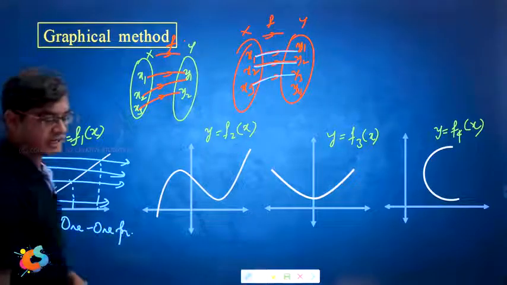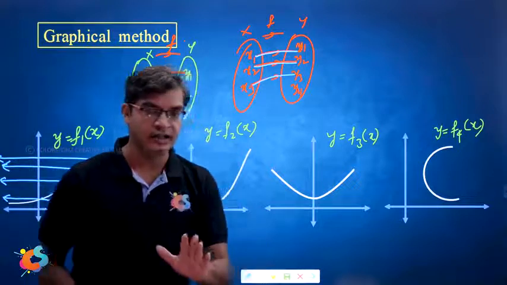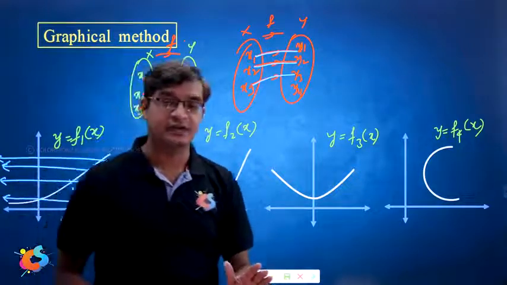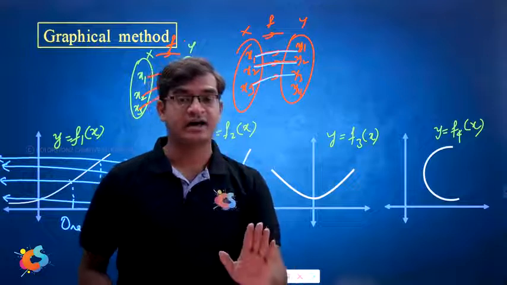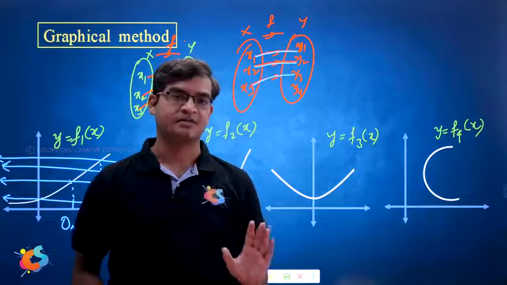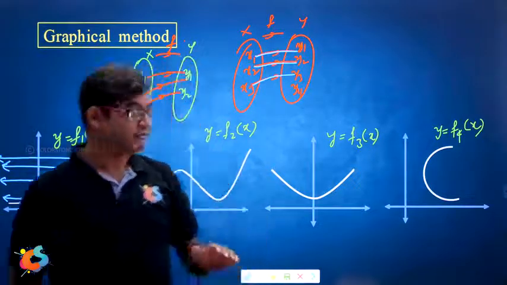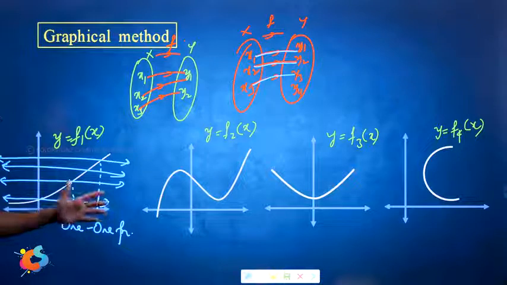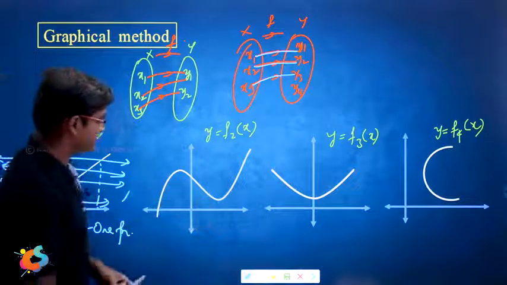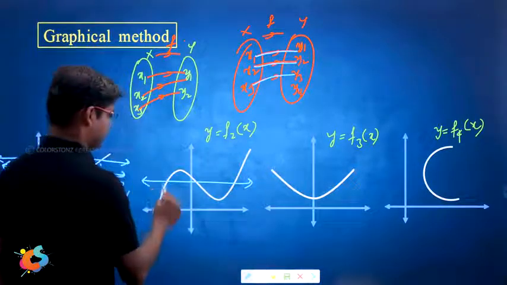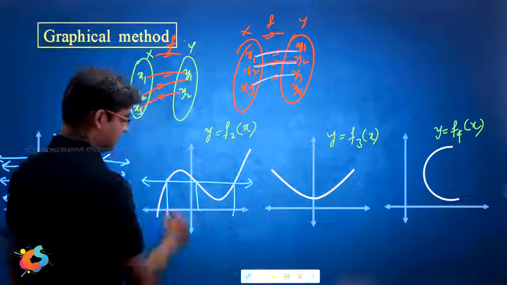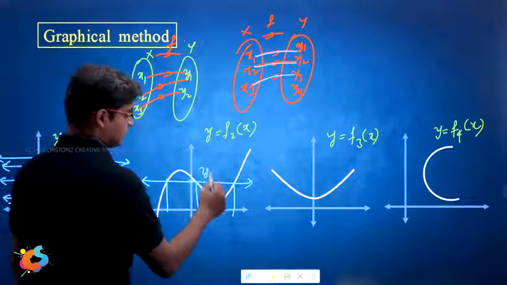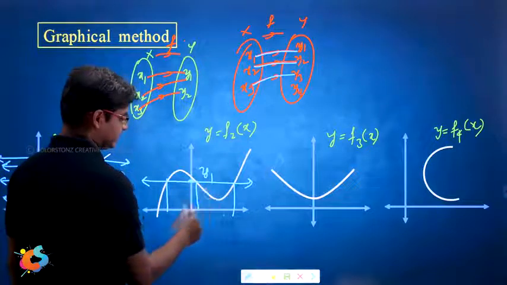Okay. So what did we understand here? If you take a horizontal line parallel to the x axis, and if it cuts the graph, it should cut the graph only once. That's all. Clearly you can see, even if there is at least one line for which there is more than one cut, let us say this y coordinate is y1.